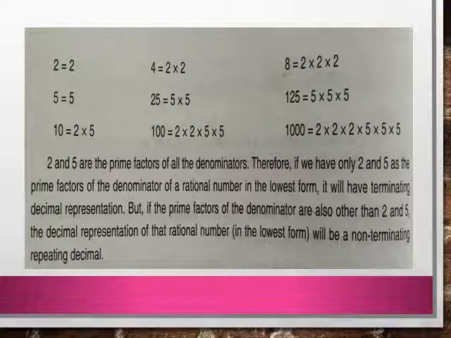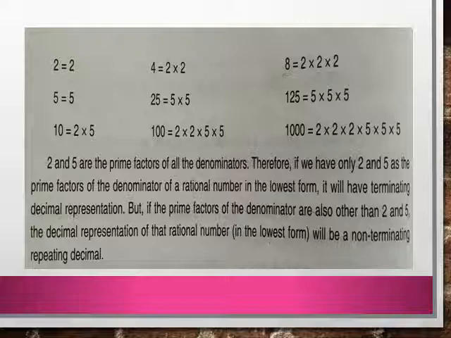Means all the above, we have seen the division of rational numbers and its decimal representation, and here are the denominators of that. If you see, some similarity is there, and that similarity is that all the denominators have 2 and 5 as prime factors.